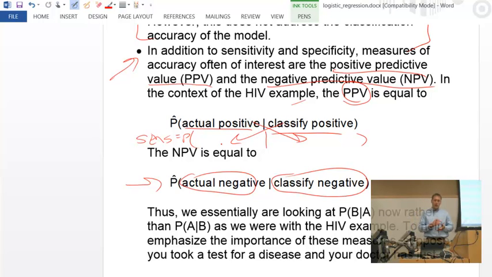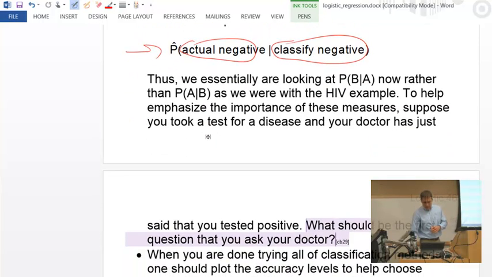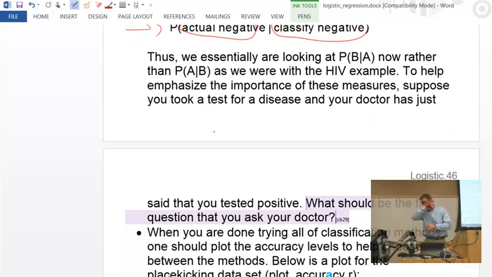Well, why are these important? Here's why. I think this is a good example. Let's say that you're being tested for some kind of infectious disease.